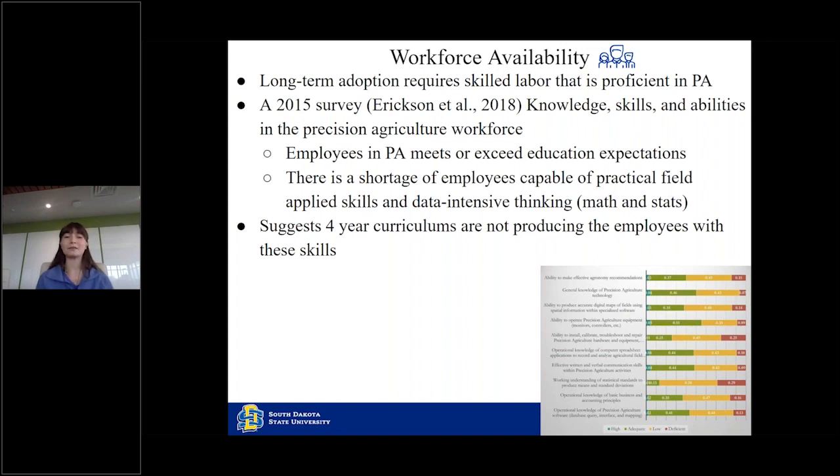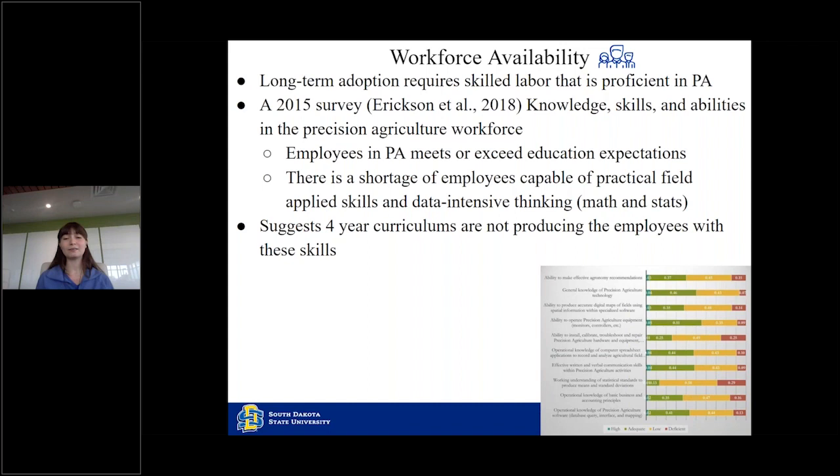And this makes a lot of sense because as agriculture becomes more automated, we can give that over to the machines a little bit. And humans are going to be needing skills that allow us to use that data to make decisions and use our practical field applied skills to create statistically sound experiments to create more data.